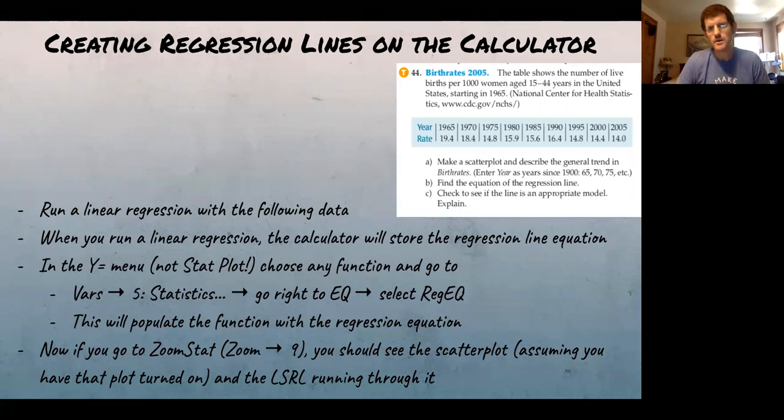This is mostly useful if you're asked to create a scatter plot and you want to see what that looks like on the calculator to make sure it matches up when you draw it on paper. If you want to see the regression line running through it, you can show that on the calculator. That's not your final answer, of course. People can't just see your calculator, but it'll help you know it moves through here, so when I draw it on my paper, it looks approximately correct. It could be a useful thing to know.